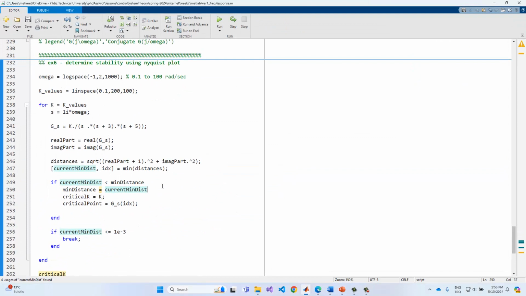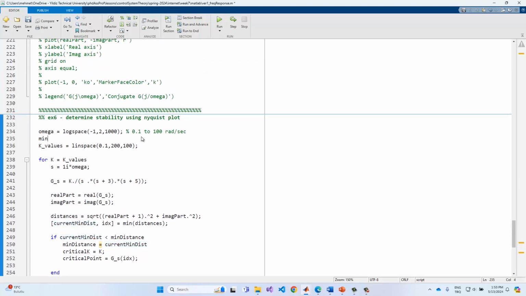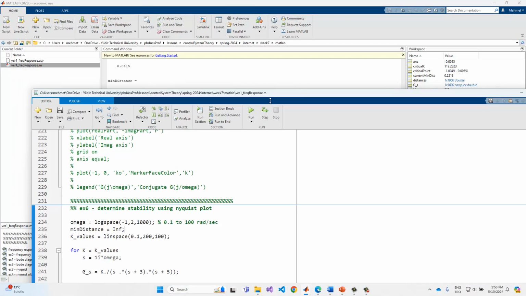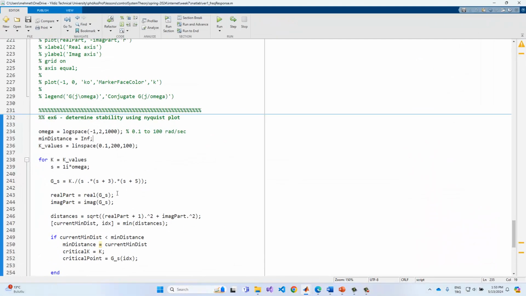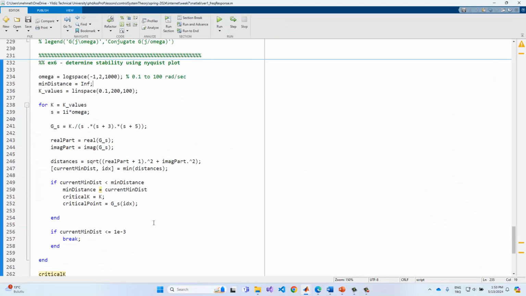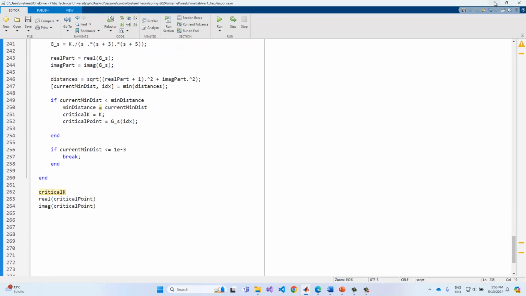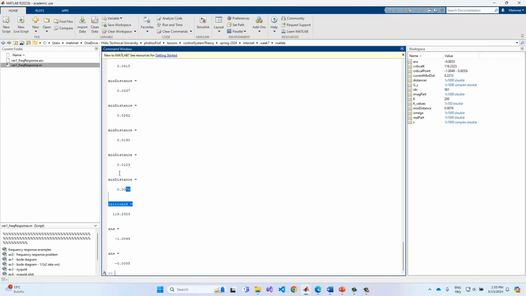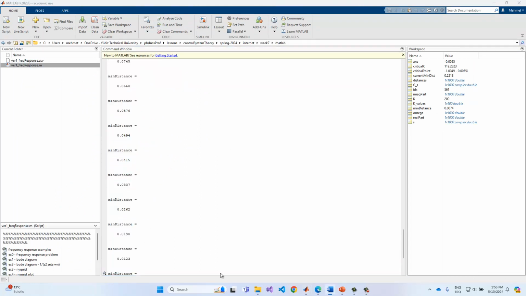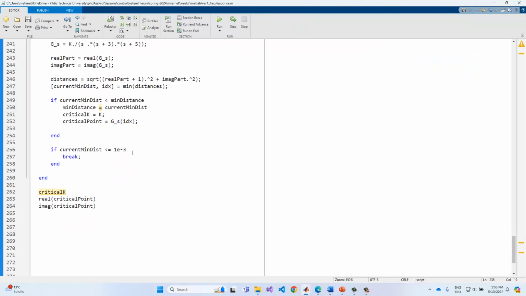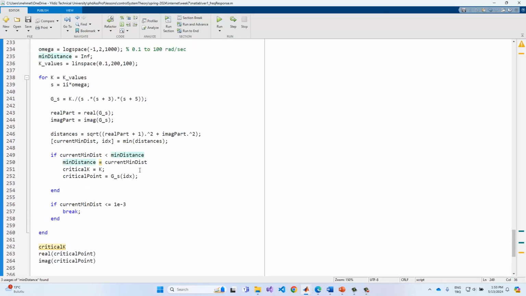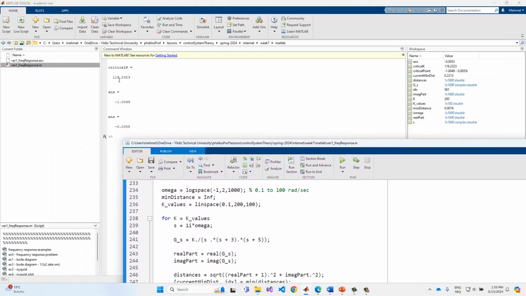And also mean distance is given nothing here. Mean distance must be equal to infinity in the first place, okay? So no, it's not the case of these terms. In this case, mean distance at every time is calculated in here. So we need to check the code in here. Mean distance, I'm sorry.